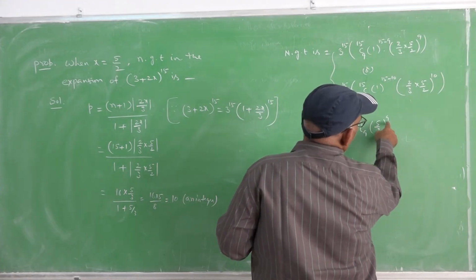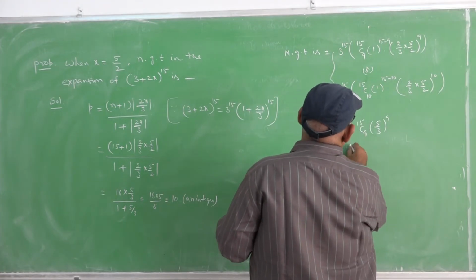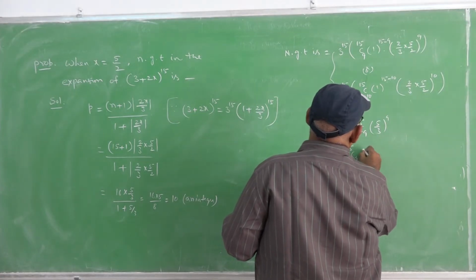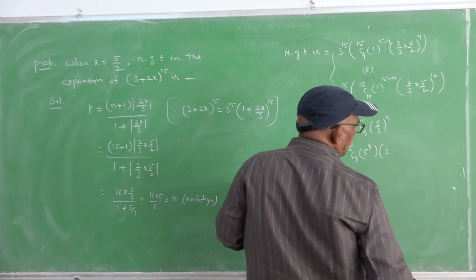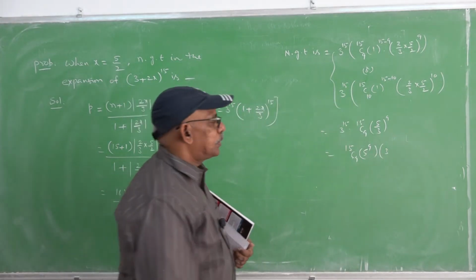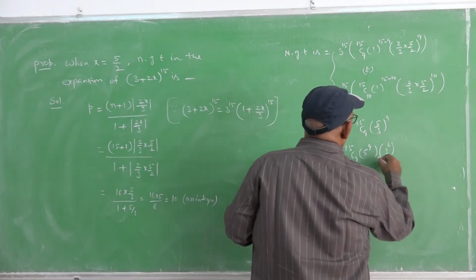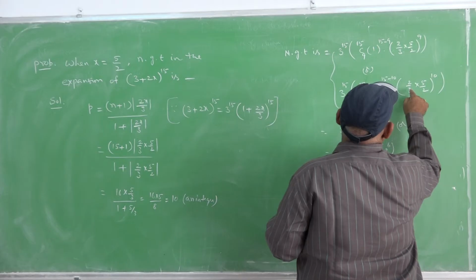On simplification we get 3^15 into 15C9 into (5/3)^9, that is 15C9 into 5^9 into 3^15/3^9, which gives 3^6. Or, on simplification, we get 15C10 into 5^10 into 3^5.